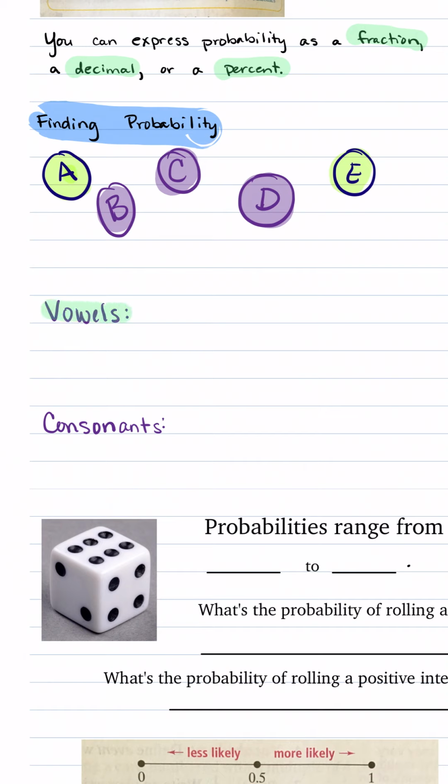So what we do is we think, like if we were to reach our hand into that bowl and pull one letter out, what's the probability that we will grab a vowel?